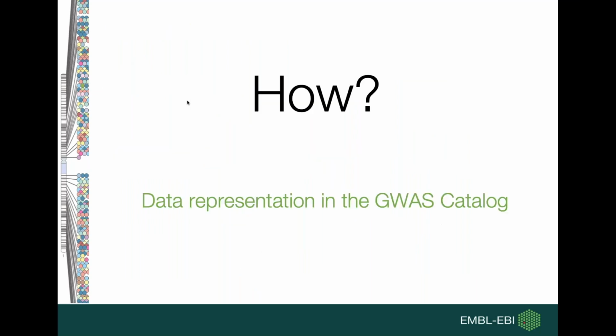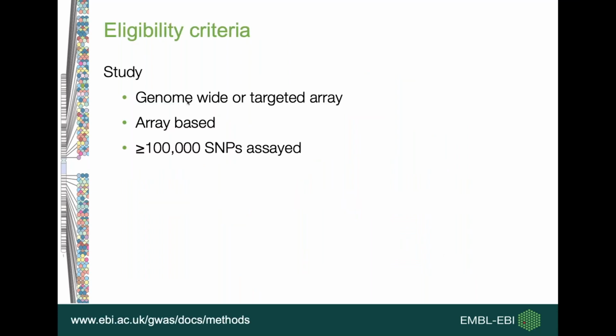So now I'm going to spend a little bit of time talking about how we represent data in the catalogue. We extract data following strict eligibility criteria to ensure consistency across studies. Studies must be genome-wide or targeted array-based genotyping, and we also accept summary statistics from whole genome sequencing studies.